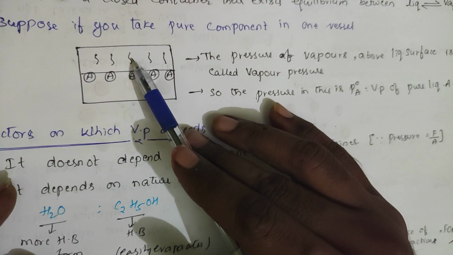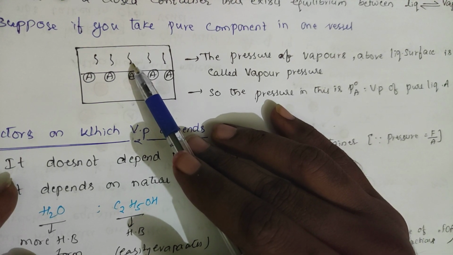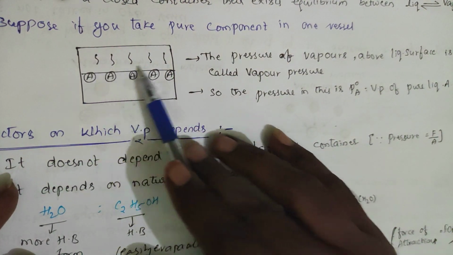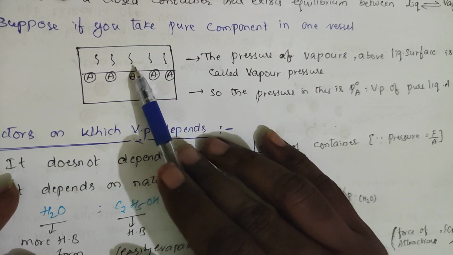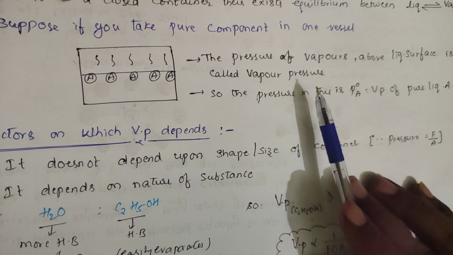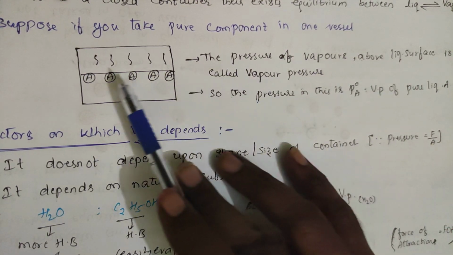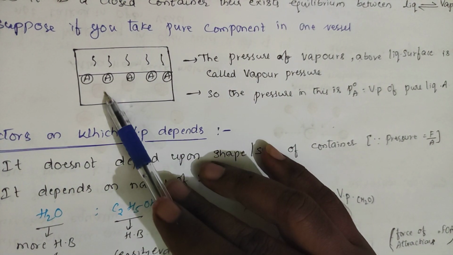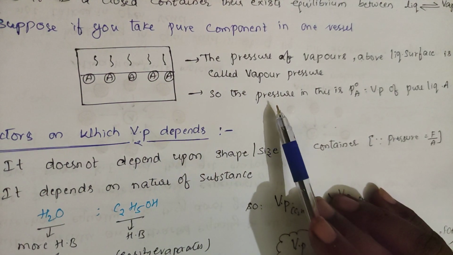So these vapors exert pressure on the liquid surface, and that is called vapor pressure. The pressure of vapors above the liquid surface, the pressure exerted by the vapor, is called vapor pressure.